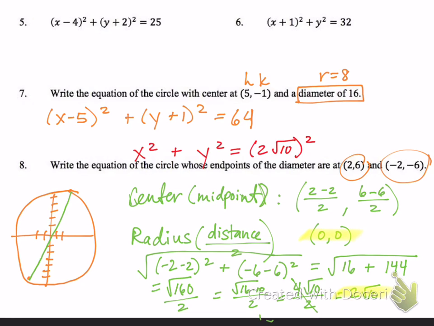So if I square that, the squared gets applied to the 2 and to the square root of 10. So it actually becomes 4, because 2 squared is 4, times the square root of 10 squared just becomes 10. So you get 40. So my final answer would be x squared plus y squared equals 40.